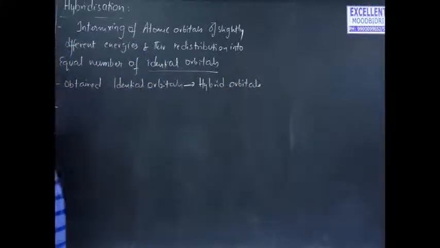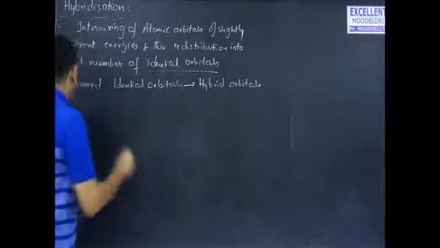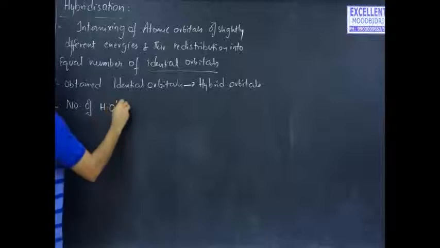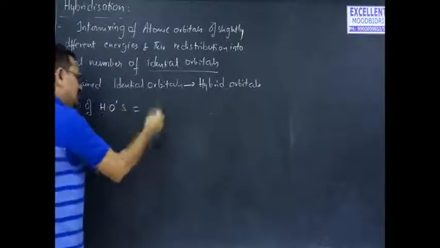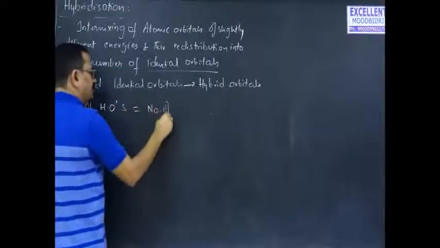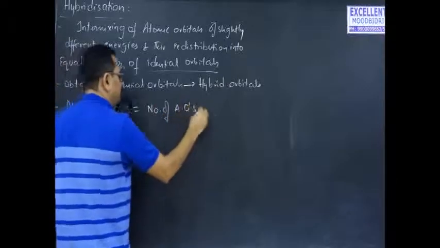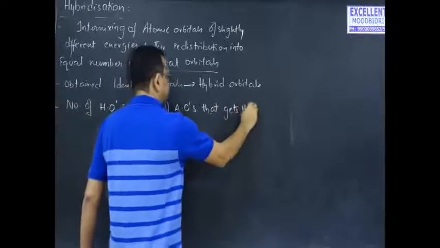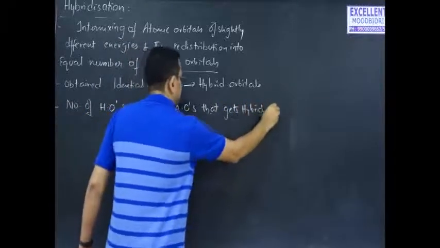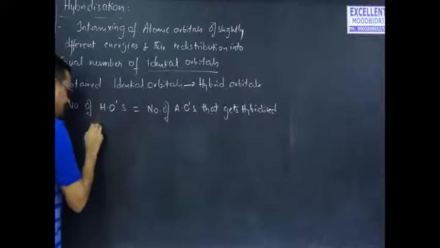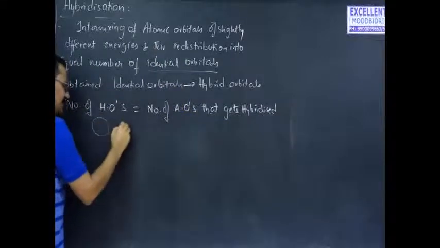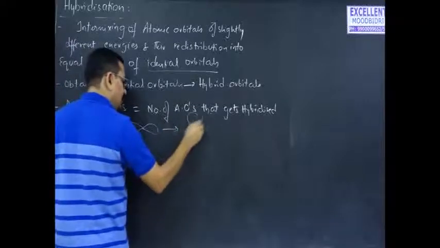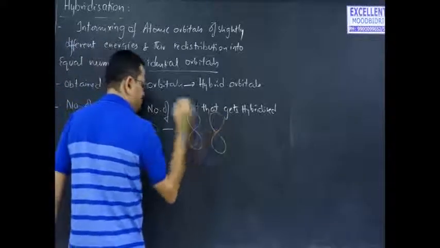Here, the main point one has to notice is that the number of hybrid orbitals generated is always equal to the number of pure atomic orbitals that get hybridized. Suppose one s orbital and one p orbital are getting hybridized, then two identical hybrid orbitals will be formed.